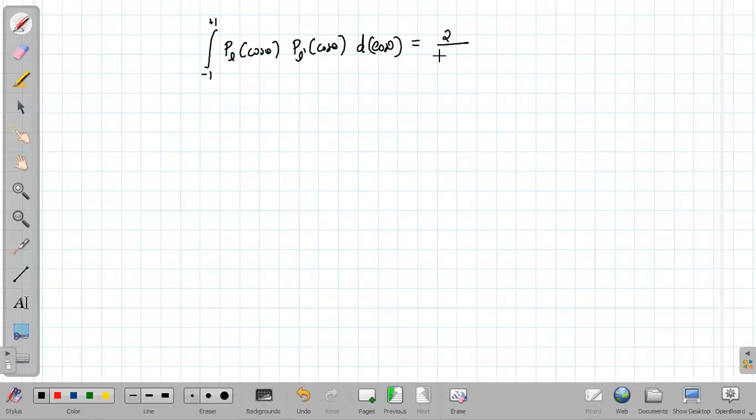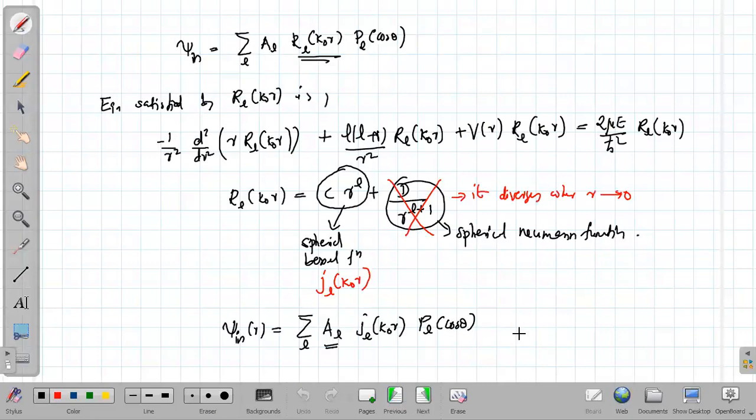The orthogonality condition of Legendre polynomials is given as the integral from -1 to +1 of PL of cos theta PL prime of cos theta d cos theta equal to 2 upon 2L plus 1 delta LL prime. Let this be equation number 3 and the expansion equation number 4.